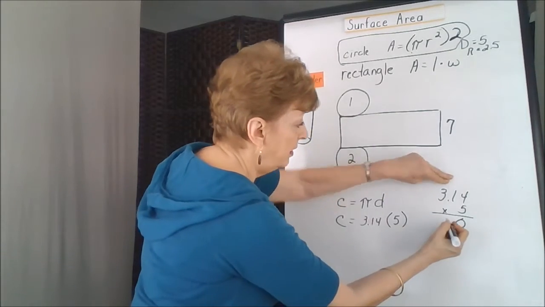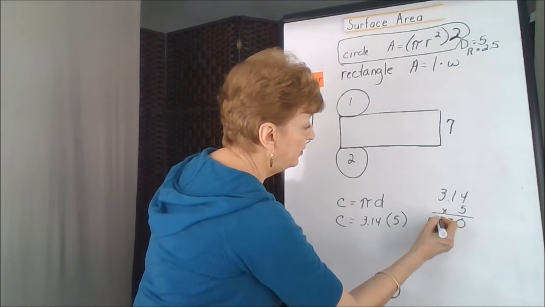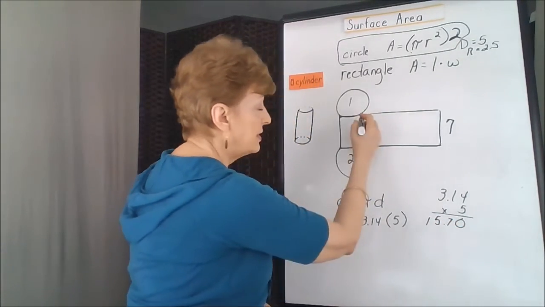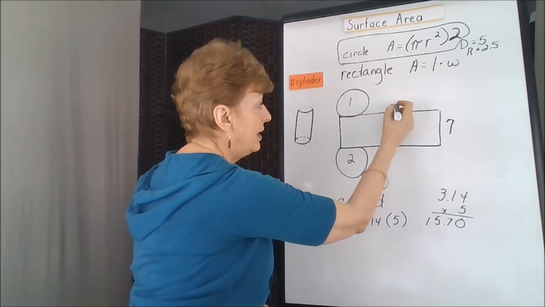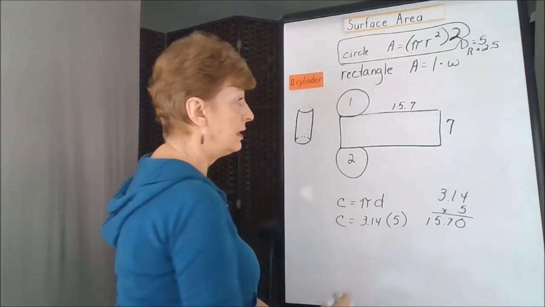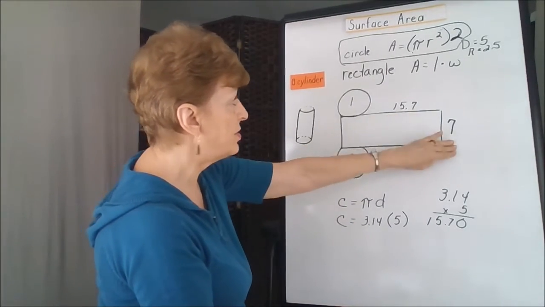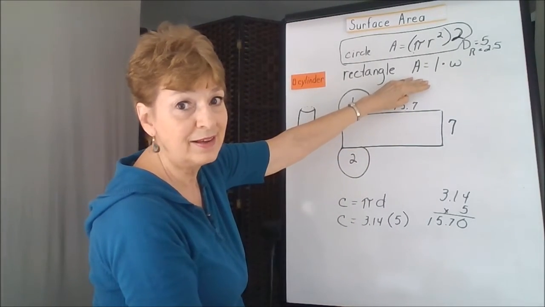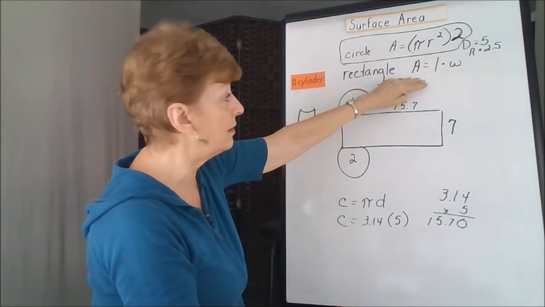That's 15.7. So the length of the side here is 15.7. Now we have our two numbers that fit into the area of the rectangle.